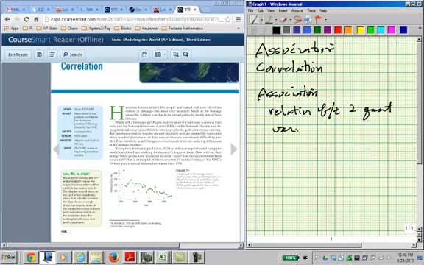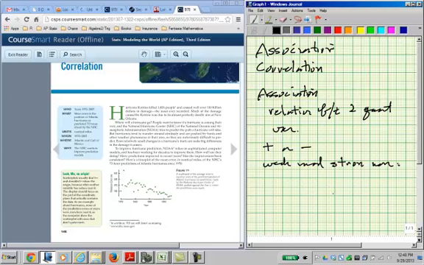Now, association, and here's an association of hurricanes. So, association has a number of characteristics. It can be positive or negative. It can be weak, moderate, or strong, or non-existent.